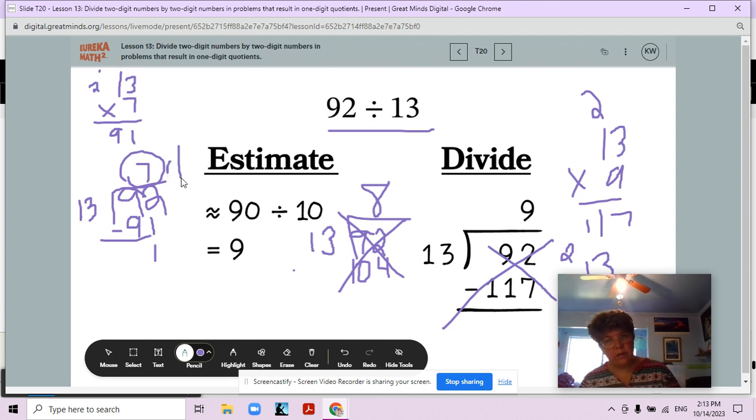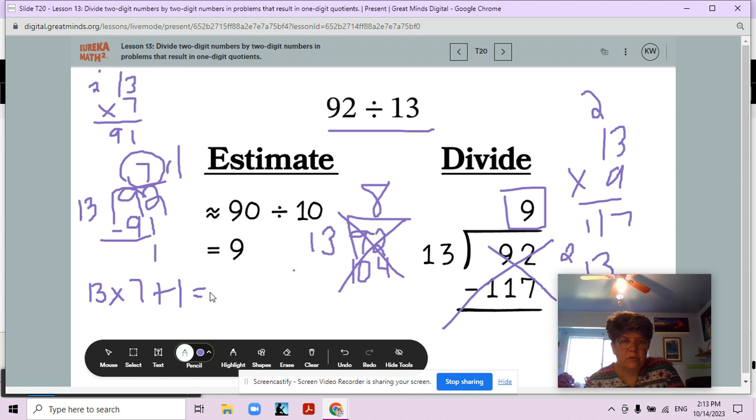Okay? So we're learning to estimate, to figure out what we need to have for our answer, and our answer is how many times it can be divided by that, right? A good way to check is 13 times 7 plus 1.